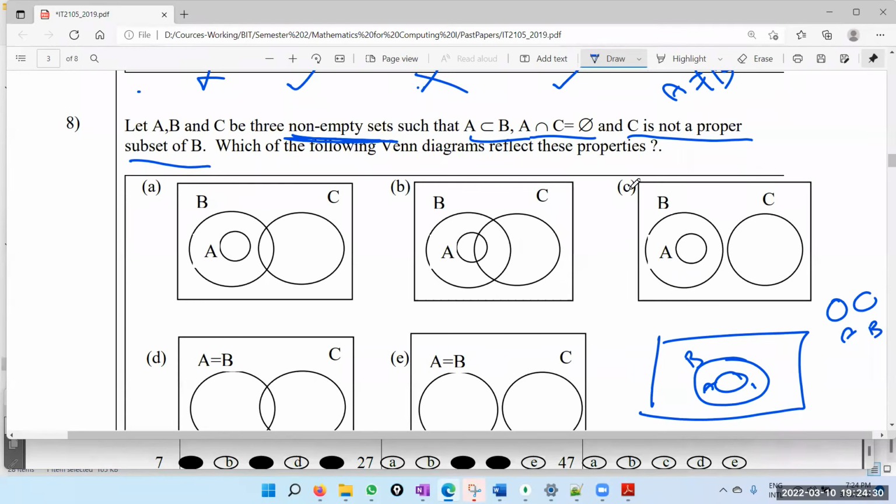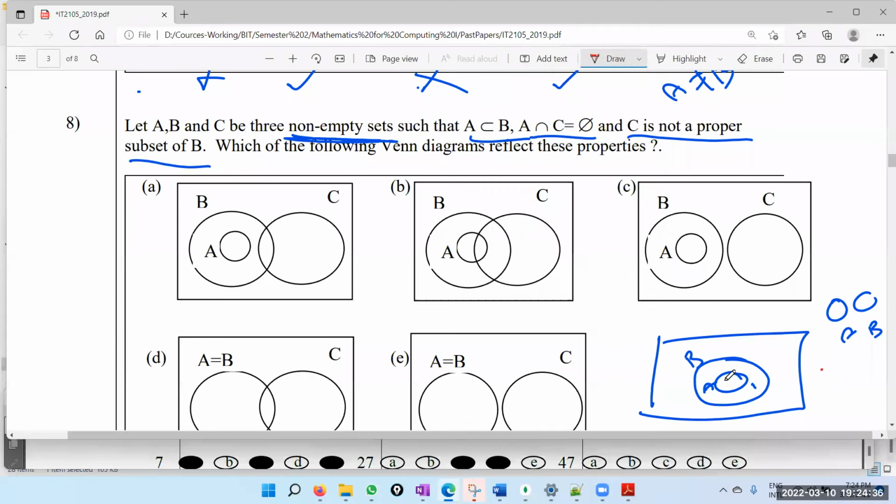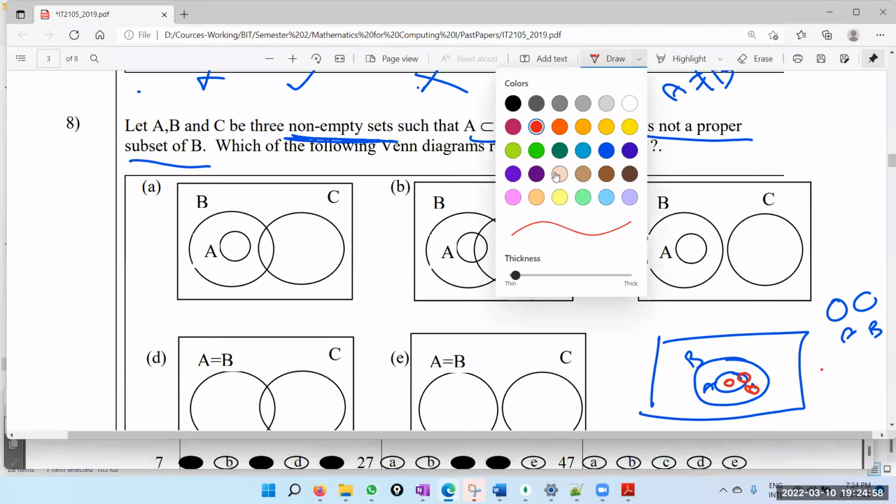Okay. So I'm just writing those which are not possible. So now this is not possible. I'm drawing C. This is not possible. And this is also not possible. That intersection. Okay. Because C is not a proper subset of B. But anyway, A intersection C is 5. So therefore A and C must be disjoint.